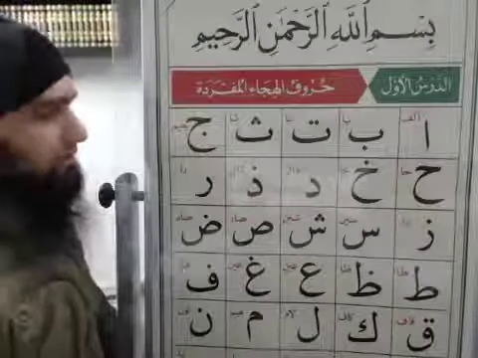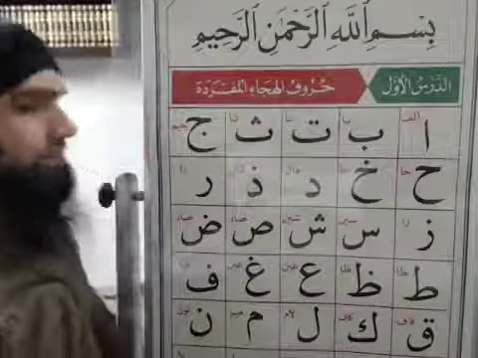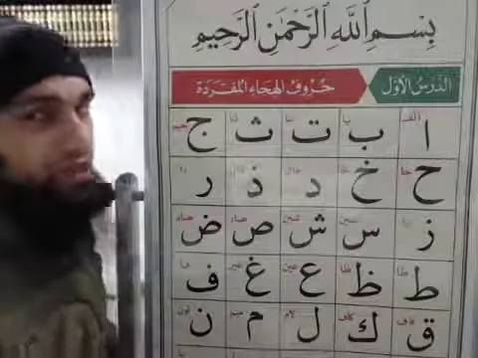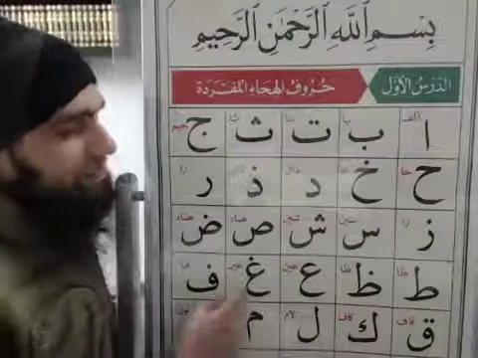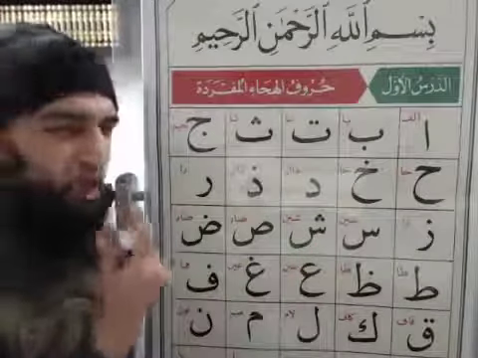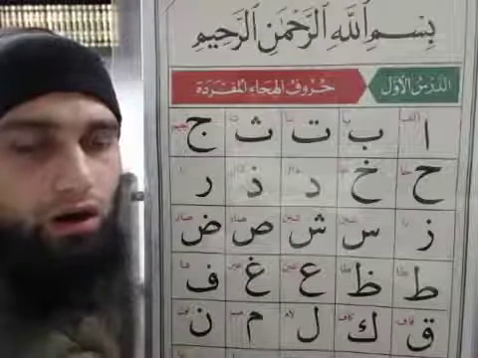Next, this one is a heavy letter, so the sound is going to remain in the mouth. It is like a gargling sound from the top part of the throat where kha comes from, but kha is dry, and this one is a little wet. That sound.